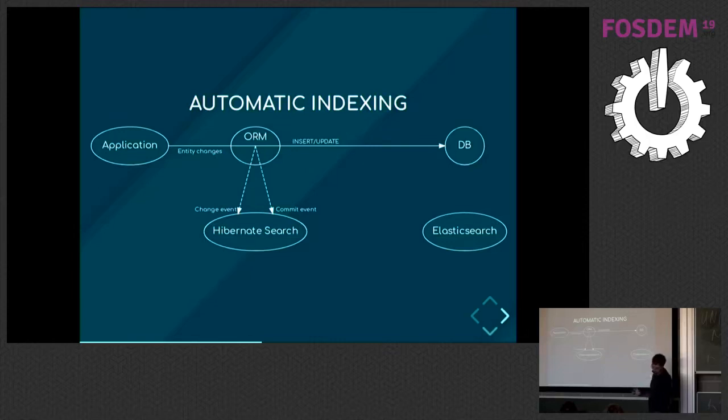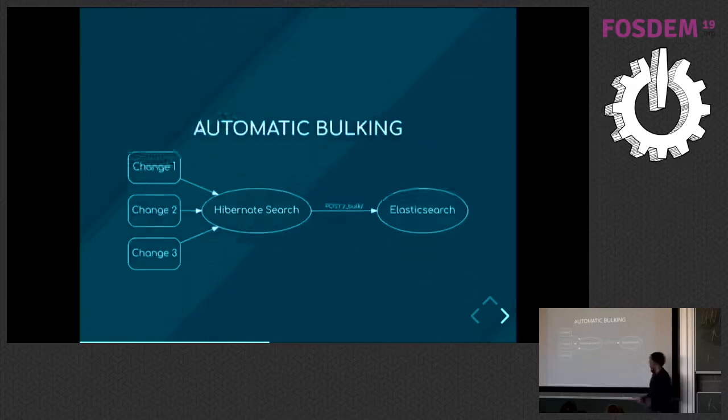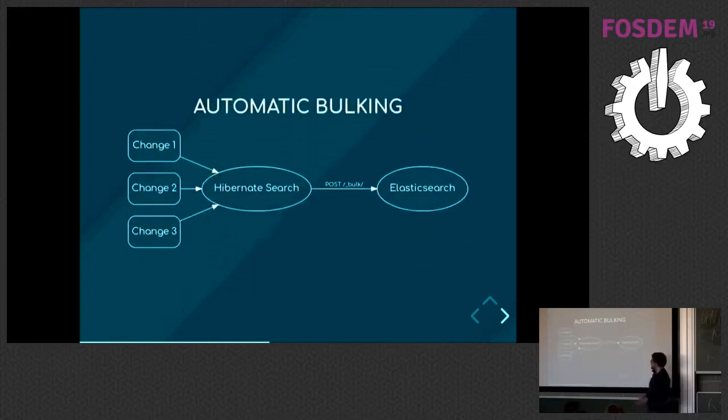And when the commit event happens, Hibernate Search sends everything to Elasticsearch. There are a few features that make it a bit less naive, like automatic bulking of search requests. We don't want to send one request at a time for each document you index. We actually want to put it all in a single request to minimize latency and to optimize the flow of information between our application and Elasticsearch.